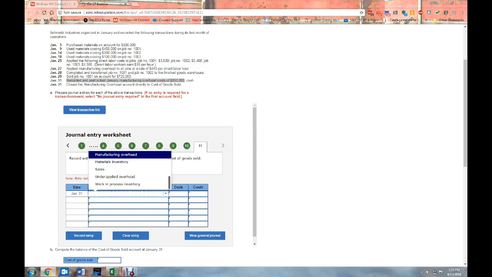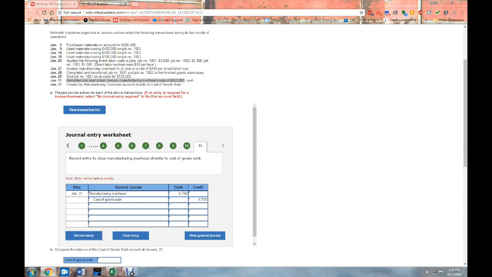So manufacturing overhead decreases by $8,750. In our cost of goods sold account, so our manufacturing overhead needs to be increased by $8,750 because we didn't incur that much cost, and the cost of goods sold account decreases by that corresponding amount, because we didn't spend as much on manufacturing overhead as we thought we would.